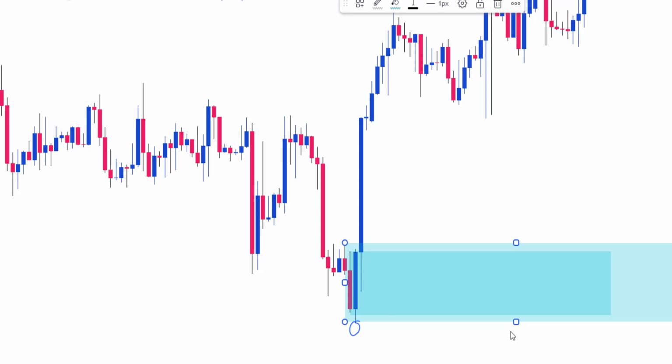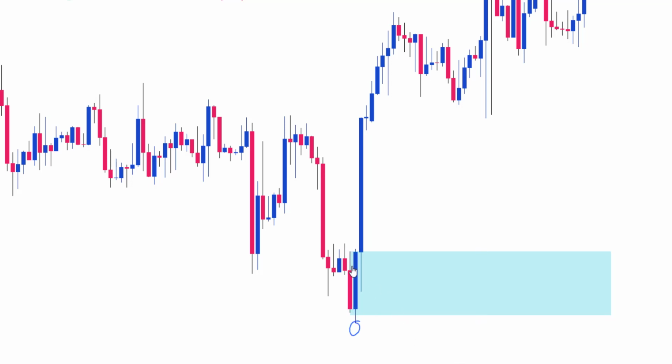But if you're trading order blocks as ICT thought, what you look out for is the last sell candle, because that is where the institutions decided to come back to the market. So this is the order block as ICT thought.